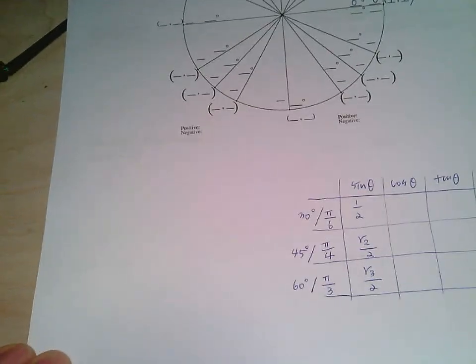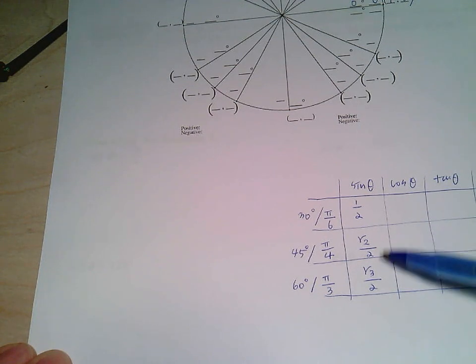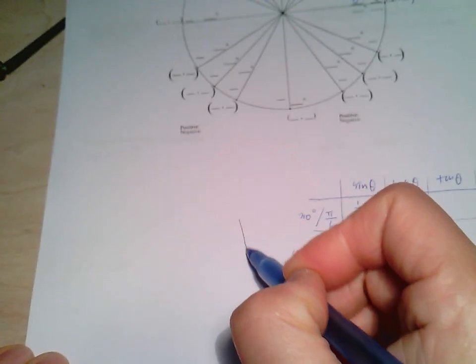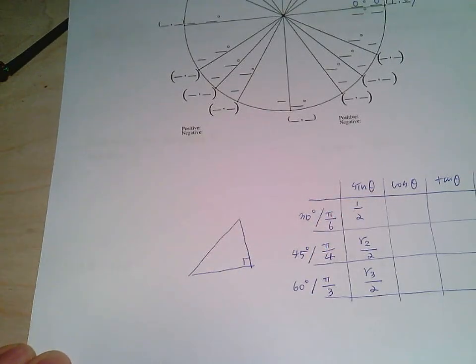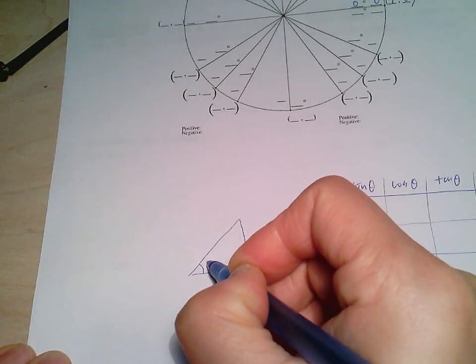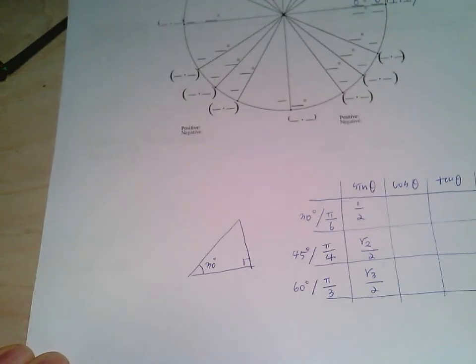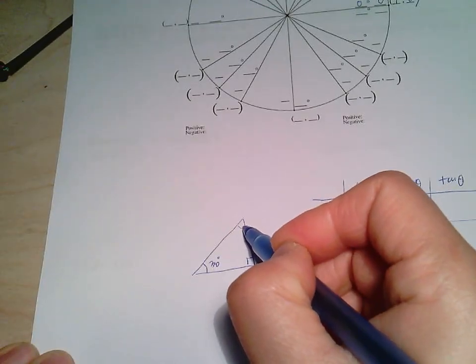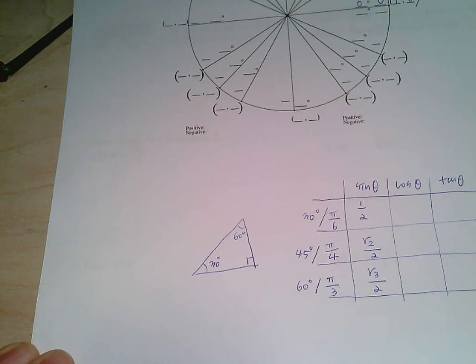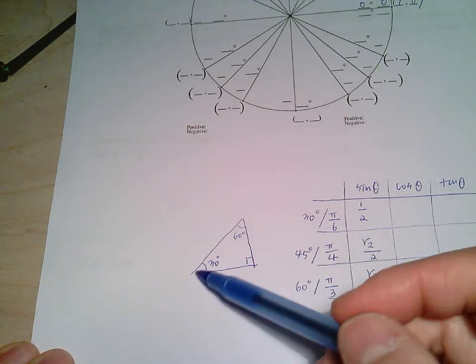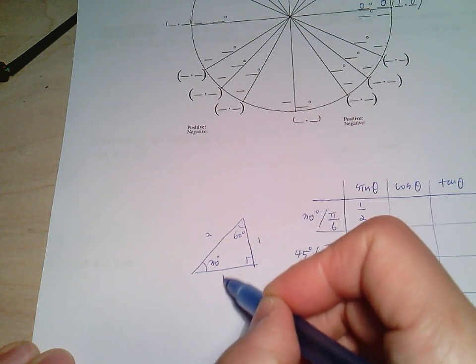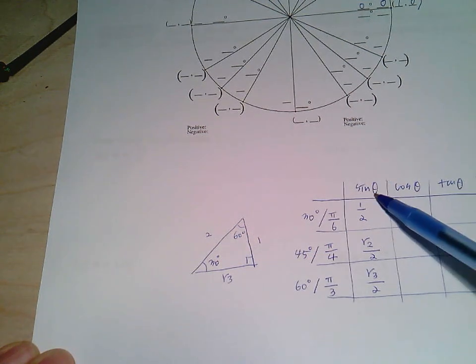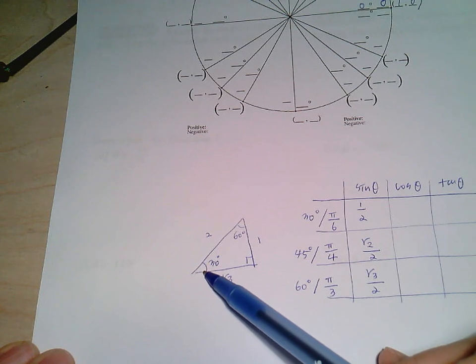If you're not sure how I get 1/2, root of 2 over 2, root of 3 over 2, you can draw a right triangle. Let's say this one is theta, for example, 30 degrees. So we know this one is 60 degrees, right? So the ratio is 1 and 2, and square root of 3.